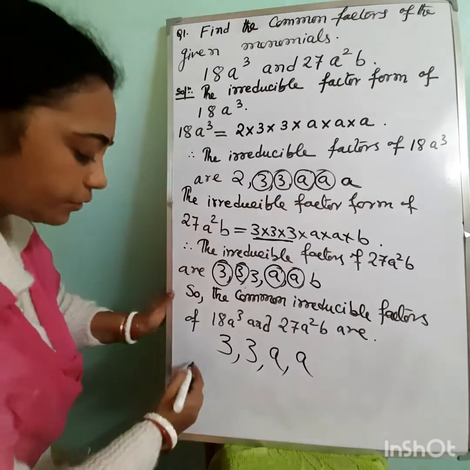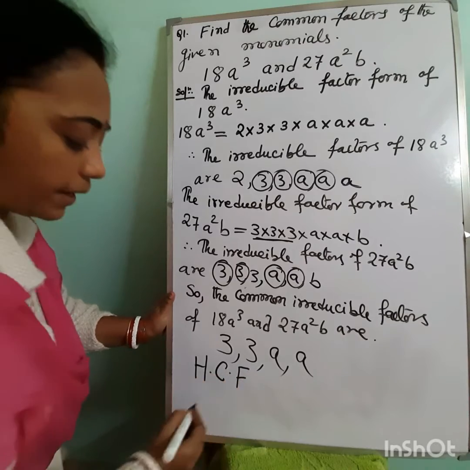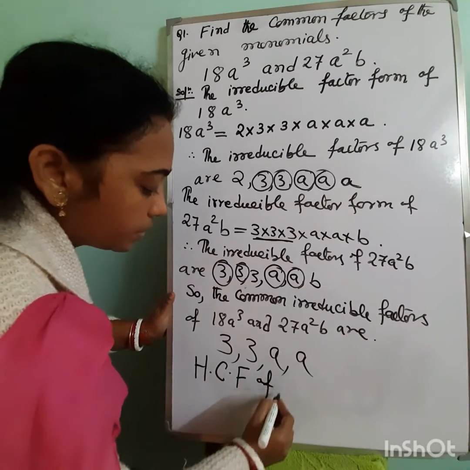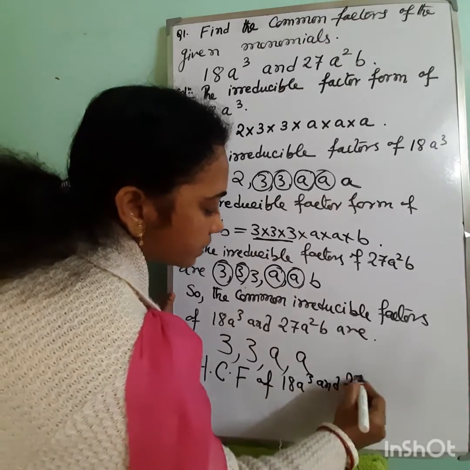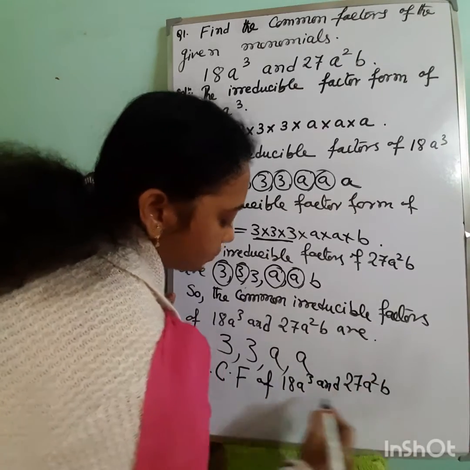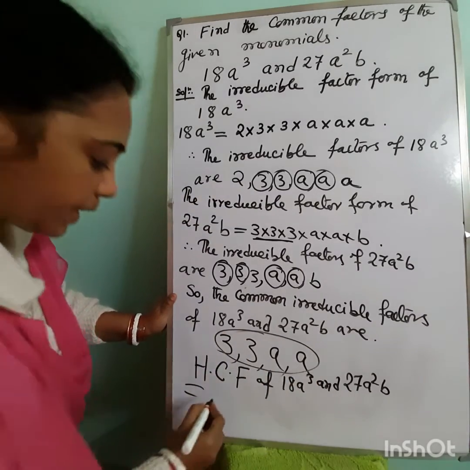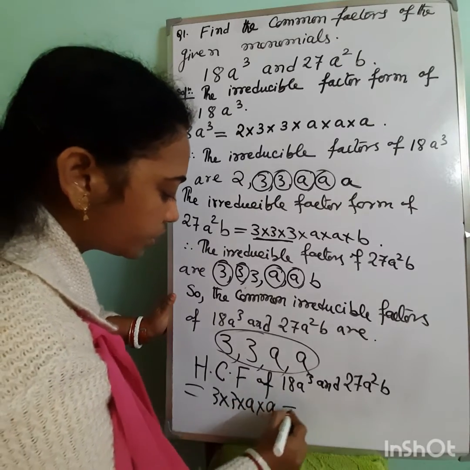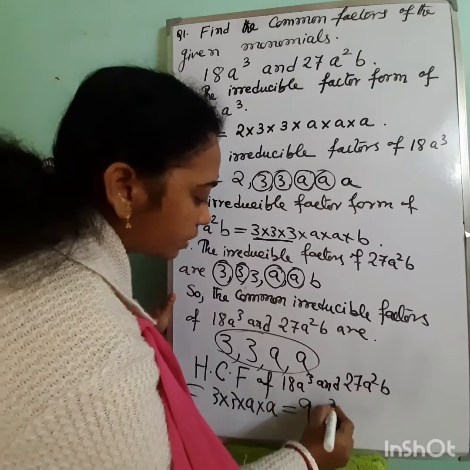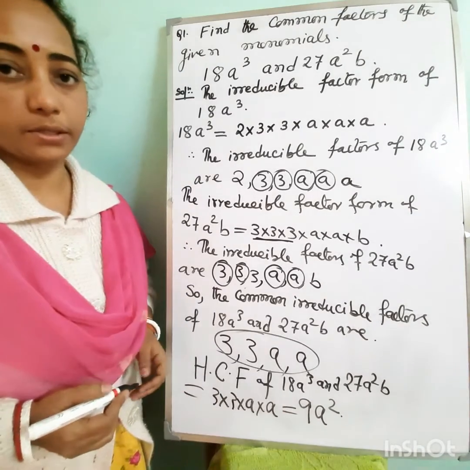So for the highest common factor of 18a cube and 27a square b, we simply multiply the common irreducible factors between them, that is 3 multiplied by 3 multiplied by a multiplied by a. So here we are getting 9a square, which is the highest common factor of these two given monomials.